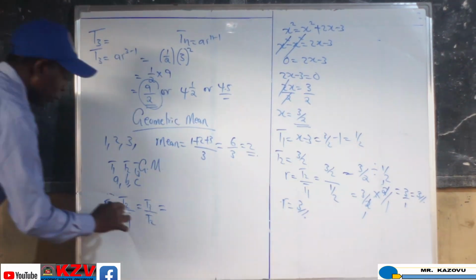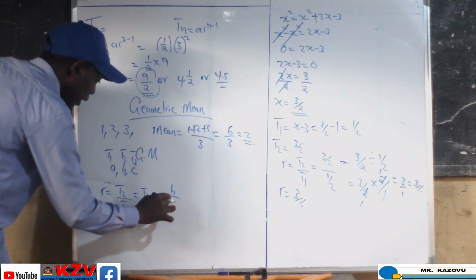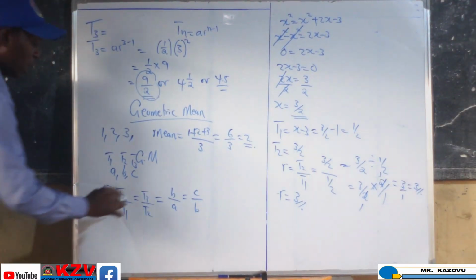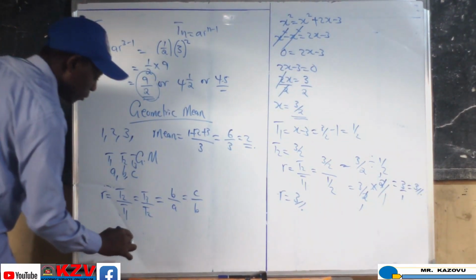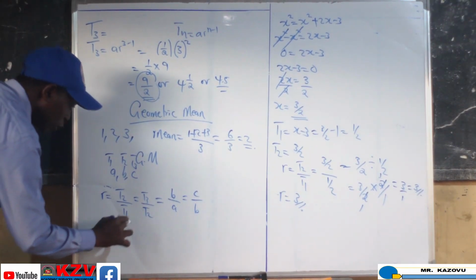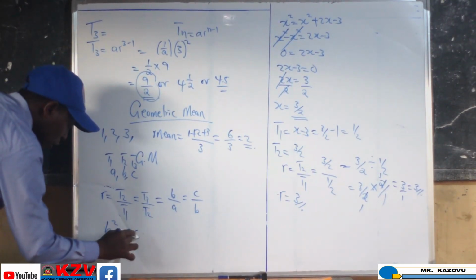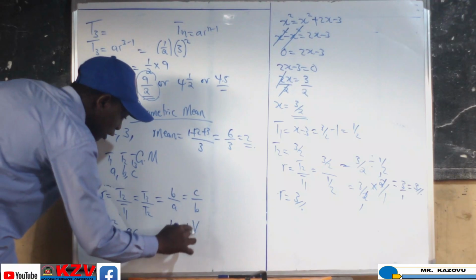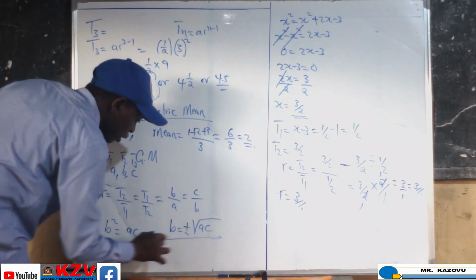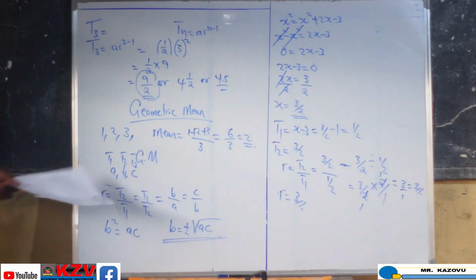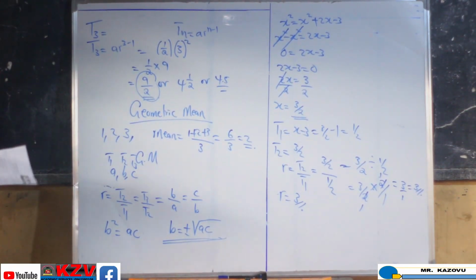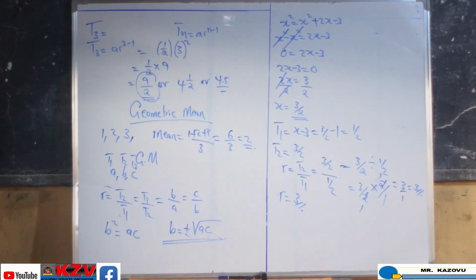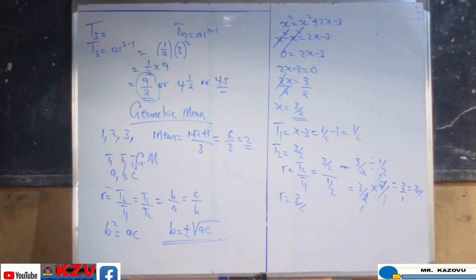So here what we have is B over A, which is equal to C over B. Now, B times B is B squared, which is equal to A times C. For me to find B, B is equal to plus or minus square root of AC. This is the geometric mean. So the formula for the geometric mean is B equals plus or minus the square root of AC.